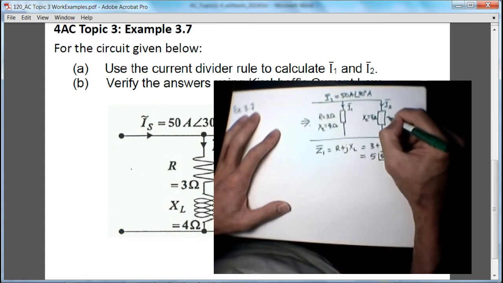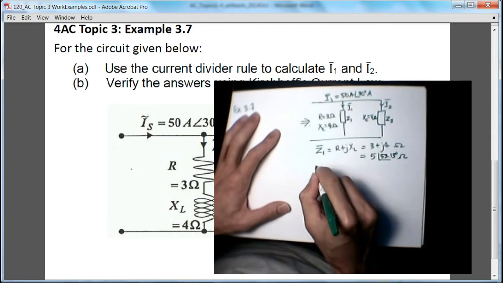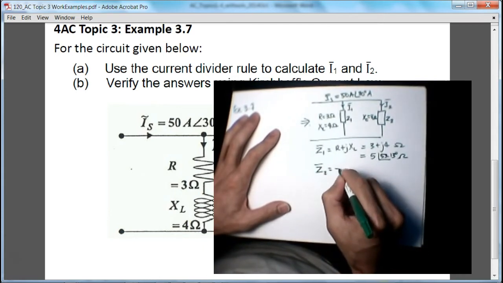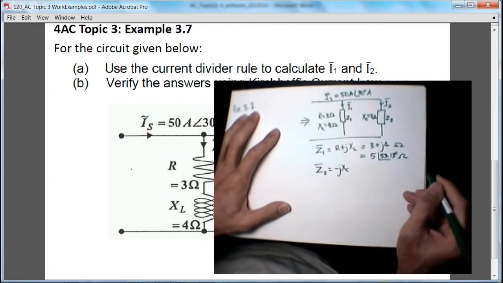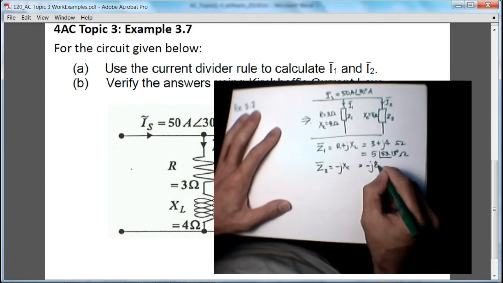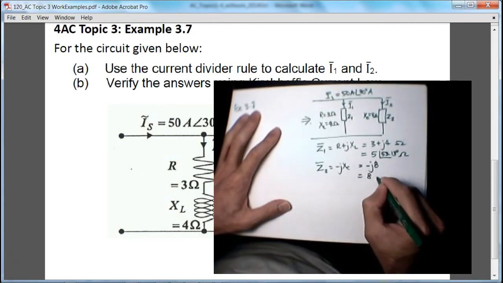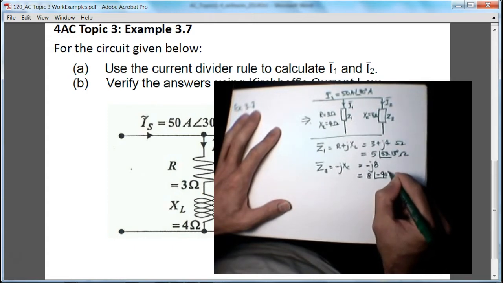Similarly, the branch impedance Z2 is minus jXC, since it's only a capacitor, which equals minus j8, or 8 at an angle of minus 90 degrees.